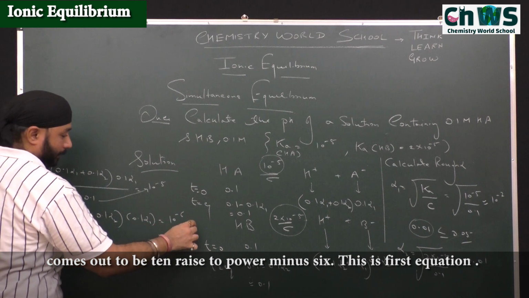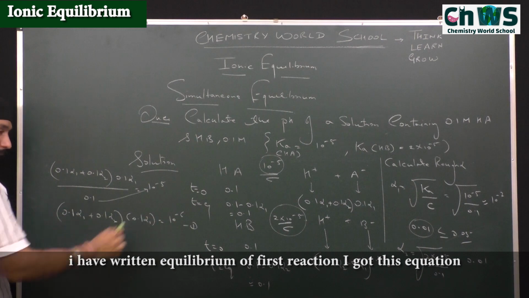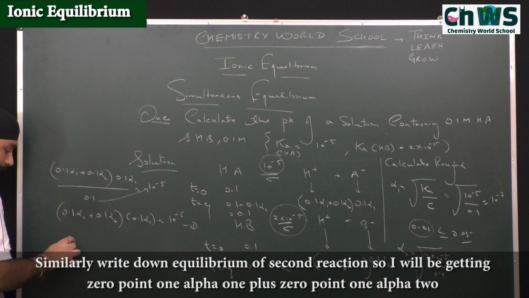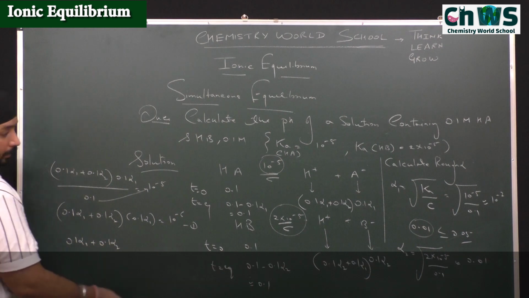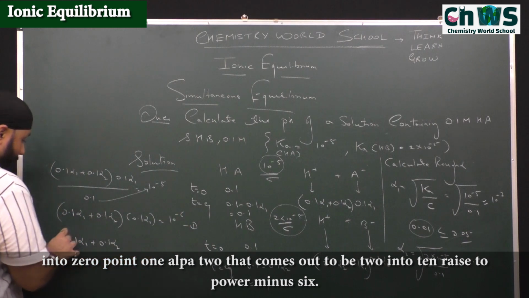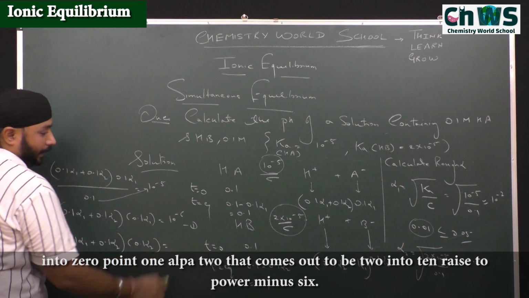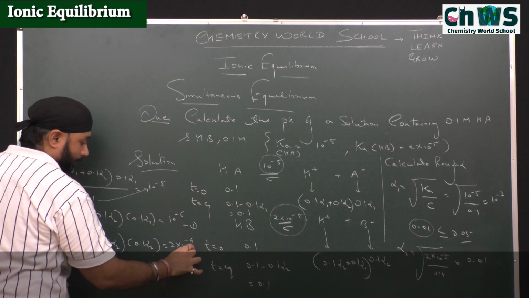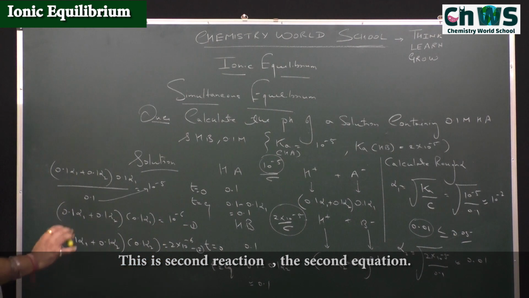This is the first equation, the equilibrium of the first reaction. Similarly, write down the equilibrium for the second reaction: (0.1 alpha 1 plus 0.1 alpha 2) into 0.1 alpha 2 comes out to be 2 into 10 raised to power minus 6. This is the second equation.